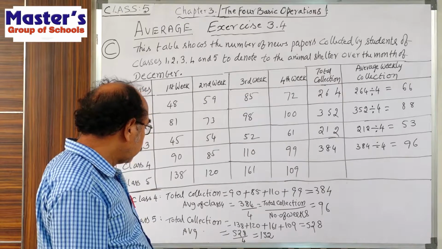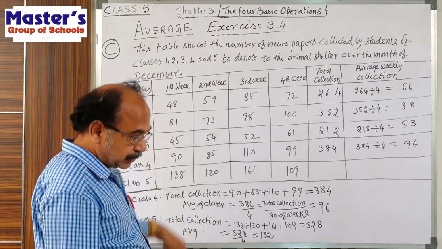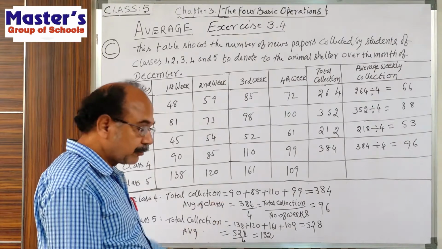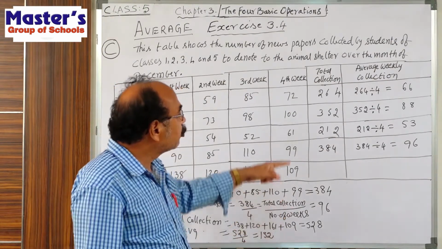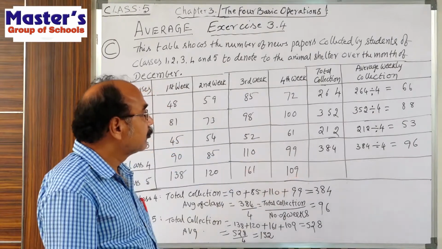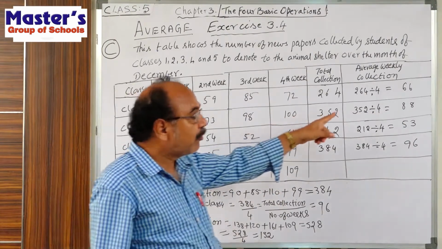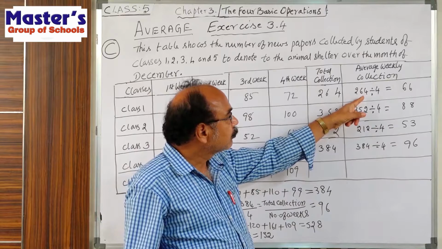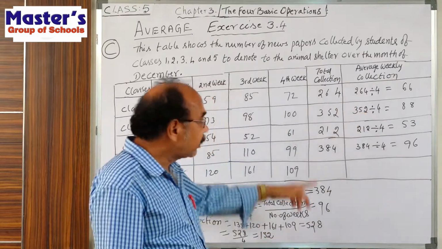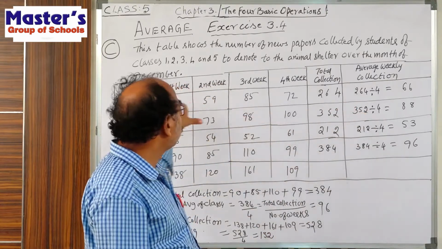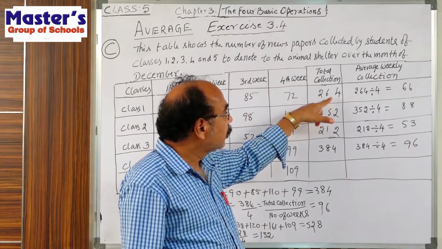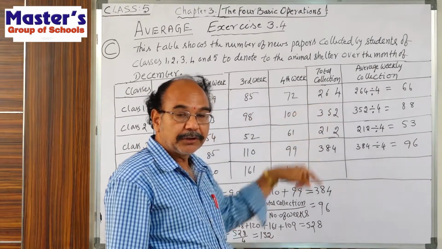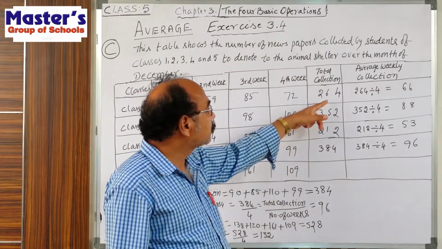For all these classes, you show this, and the details you got, you mention in the table. Here, in short form, we showed the calculation. For each class, the total collection is shown. Sometimes your teacher may ask how you got this total collection.